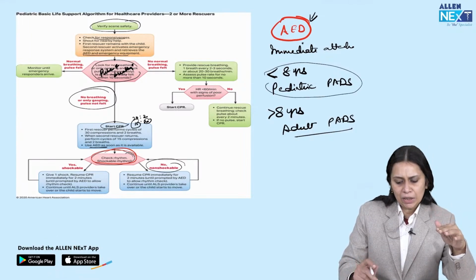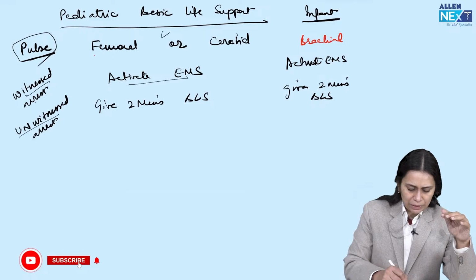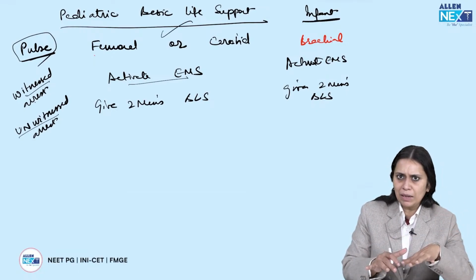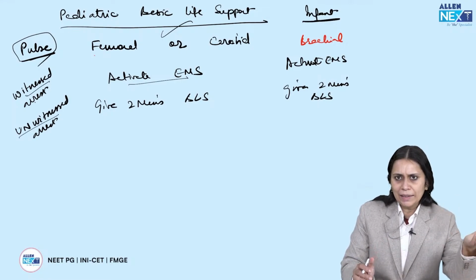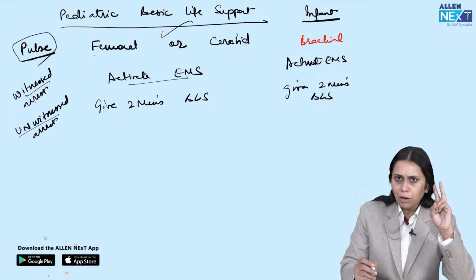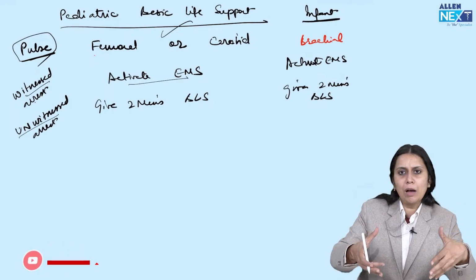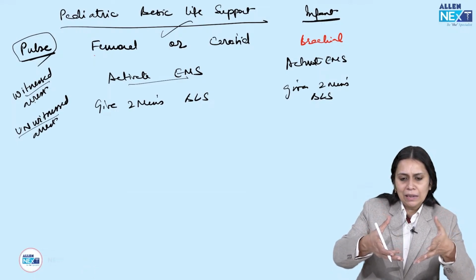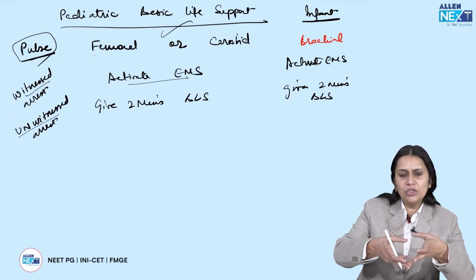Now in pediatric BLS, how do we do the chest compression? Either single hand or double hand like adult, depending upon the build of the child. And if it is infant, we go for 2-finger technique or thumb encircling technique. We encircle the chest with our hand and with thumb we do the chest compression.